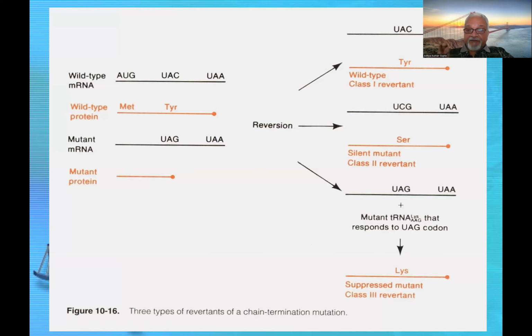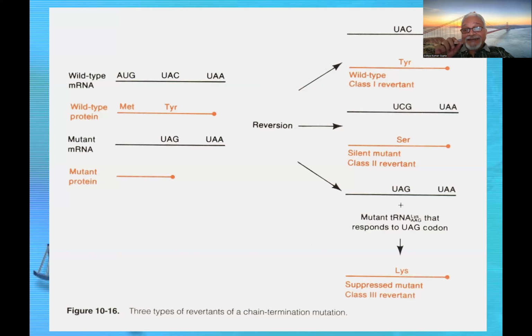So again, to make you understand what's happening, the anticodon part of the tRNA gene undergoes a mutation, because that is also a gene or DNA that can undergo a mutation like any other part of the DNA. Okay, so the anticodon part of tRNA responsible for lysine undergoes a change.